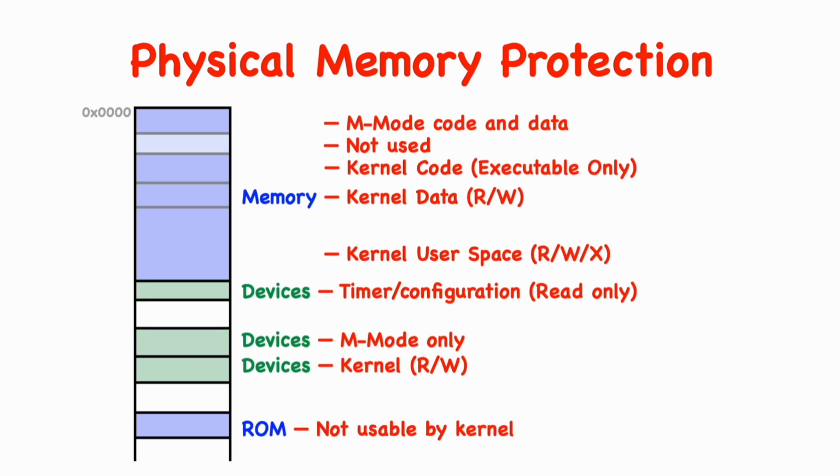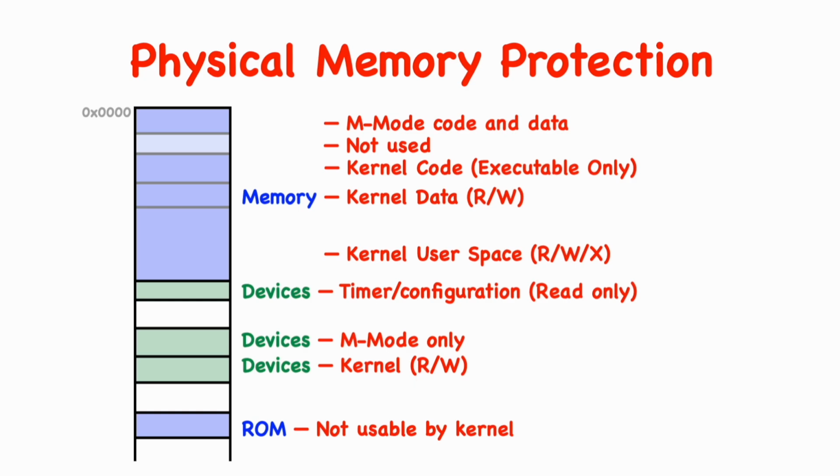For the purposes of physical memory protection, the physical address space would be broken into a number of regions, and each region would be tagged as either readable, writable, or executable, or maybe none of the above and not accessible at all. For example, the machine mode code might mark itself, which is located here, and the read-only memory, and maybe some devices, as simply not accessible by the kernel.